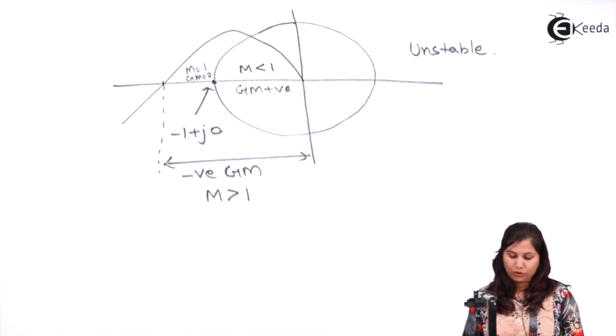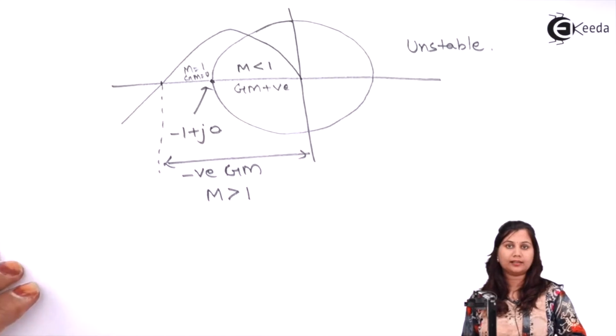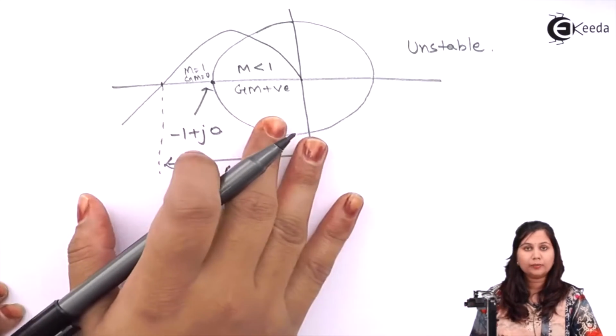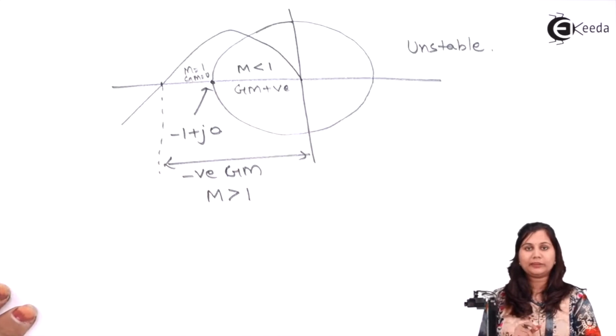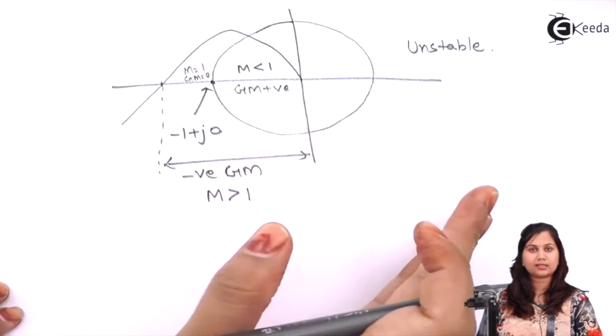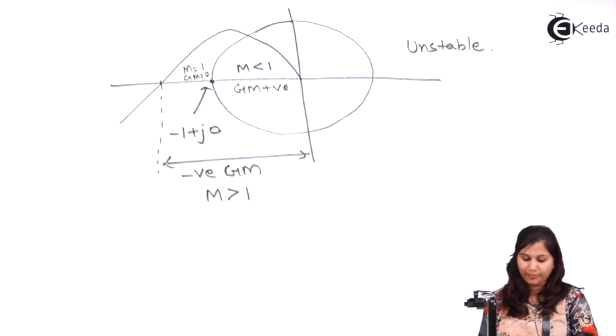Okay. So this is how we can say about the stability of the system through the polar plots, and what will be the value of the gain margin and the magnitude when the system is unstable or stable. So let's summarize these points.